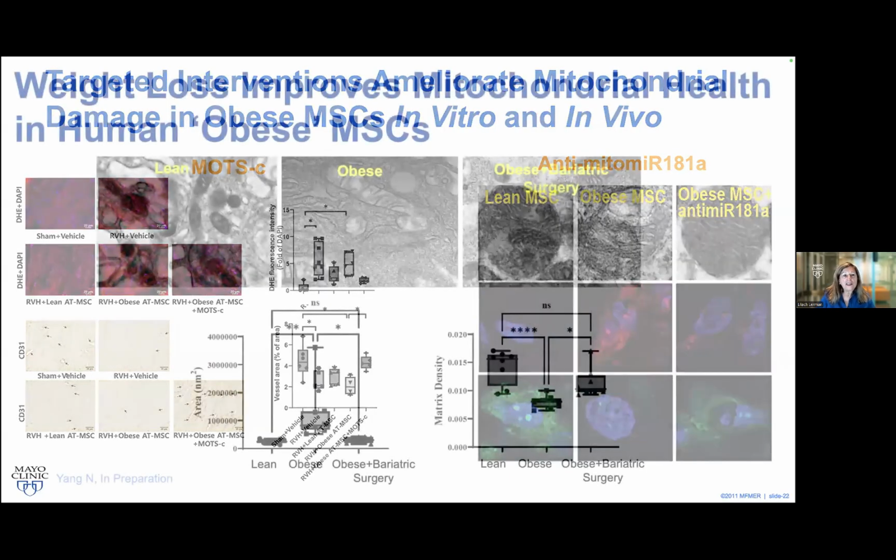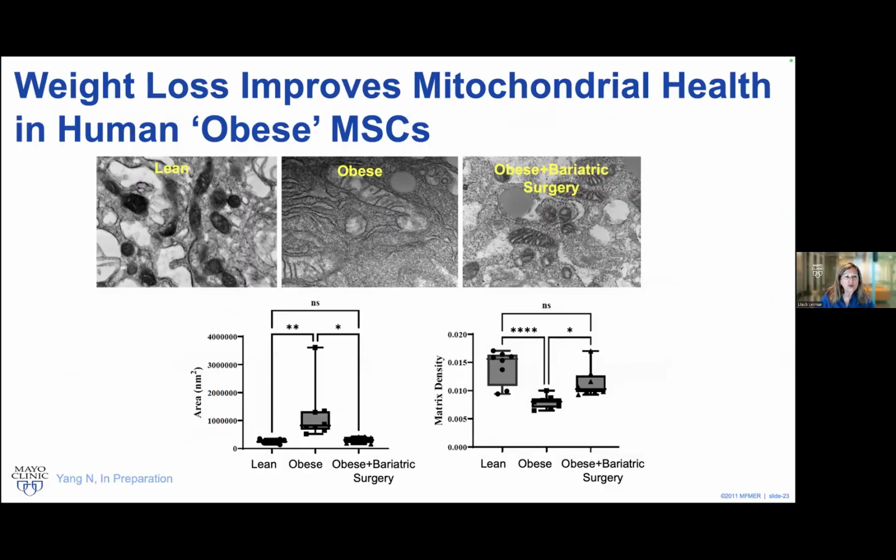These are not the only interventions that improve mitochondrial health in obese MSC. In this slide, you see a study in which we studied obese MSCs before and 6 to 9 months after bariatric surgery that induced a significant weight loss in the individuals.